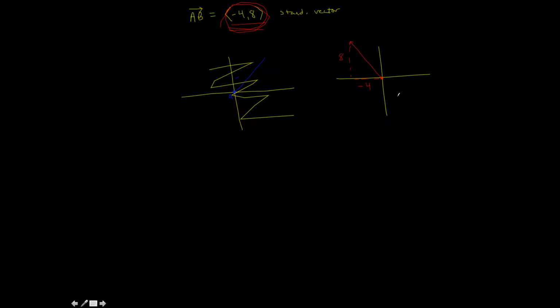And so what that means is every vector off of that would be just the same.